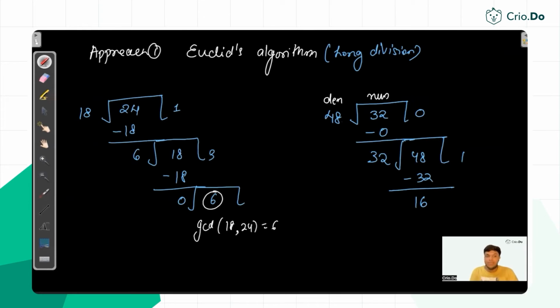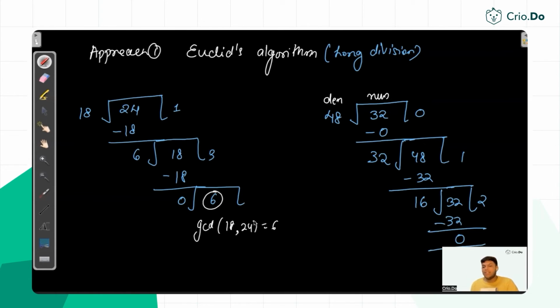Now, what to do with this 16? The remainder is not 0, so we will continue the division. This remainder becomes the denominator for the next iteration, and the previous denominator becomes the numerator, and we divide. 16 completely divides 32, and the remainder will be 0.